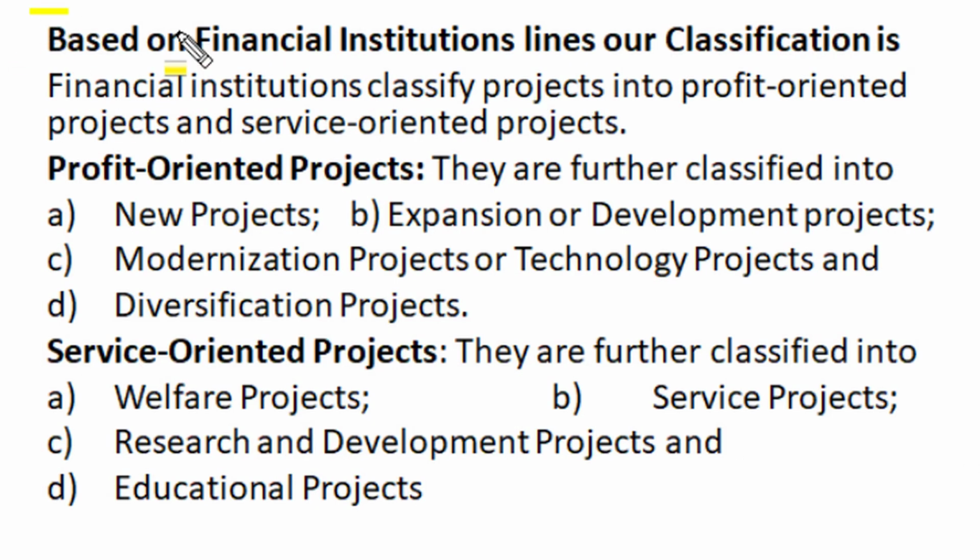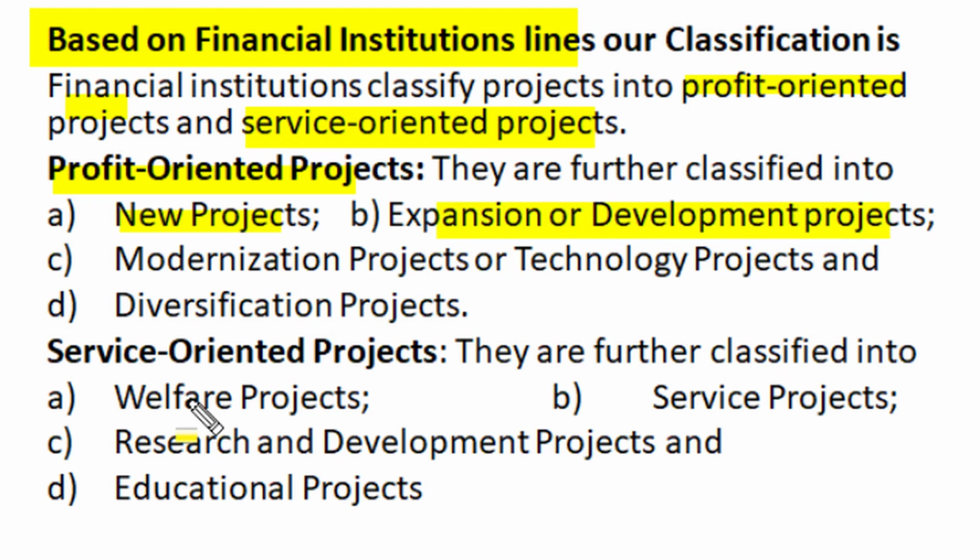Based on the lines or recommendation of financial institutes, the project classification is in two categories. One is profit oriented projects and the second is service oriented projects. In fact, earlier commercial or industrial projects become profit oriented projects, and such profit oriented projects are further classified as new projects, expansion or development of existing projects, modernization and technical upgradation of existing projects, or some diversification activity in existing projects.